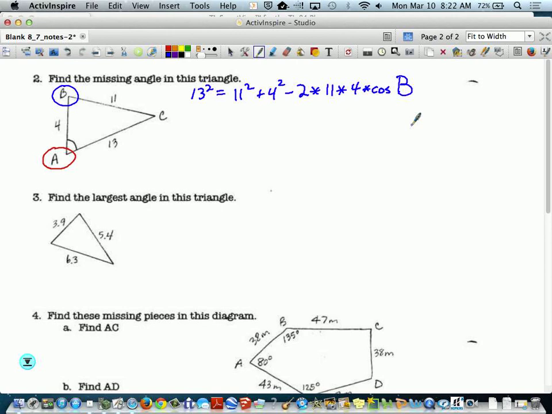But you need to write down your formula so I know what side you're using and where you're putting things. Once you've done that, if you want to show me how you're getting things by itself, that's great. If you type in the answer, that's fine by me.